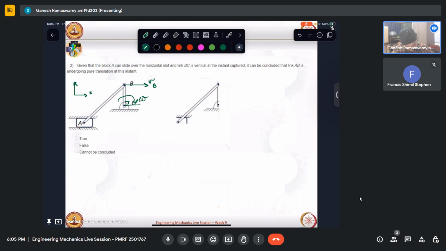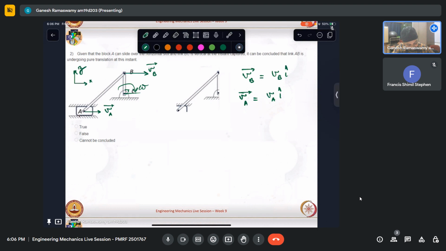This is X and this is Y. So VB, the vector, will be some magnitude VB times i cap. So this much we know. Another thing we know is the velocity of A, VA vector, which is also horizontal by virtue of being confined to that slot.